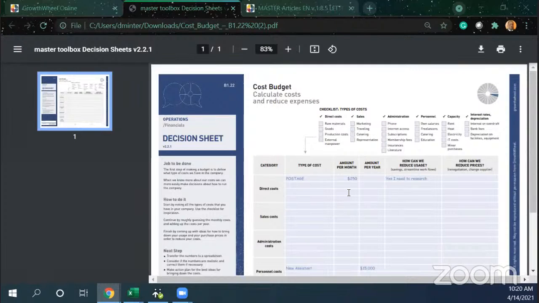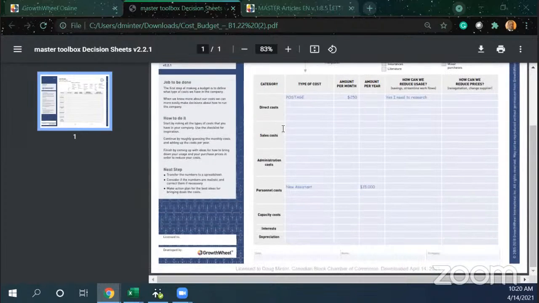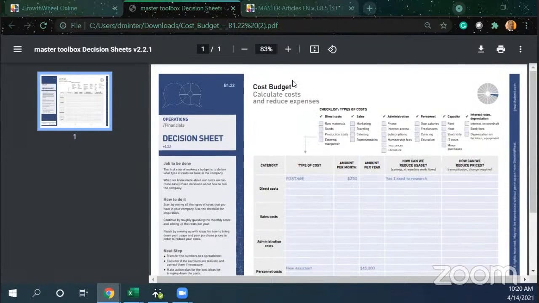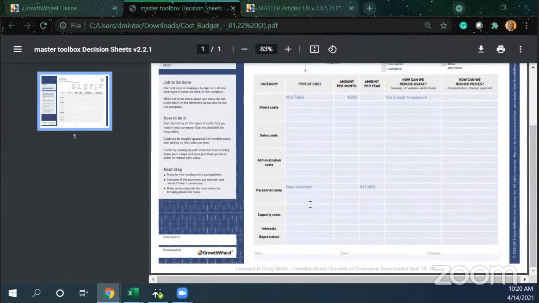But I'd highly recommend everybody fill this out, because once you know your cost, everything else becomes much easier. Which one is it? The cost budget? Yeah, they did that. Okay, good.